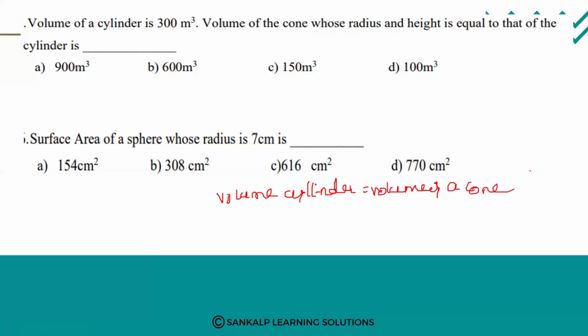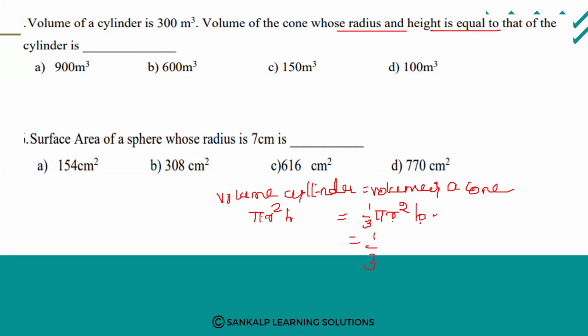Now, observe carefully. The volume of a cylinder is pi r square h, and the volume of a cone is 1 by 3 pi r square h, right? The volume of the cylinder is 300 meter cube, and the cone has the same radius and height as the cylinder.